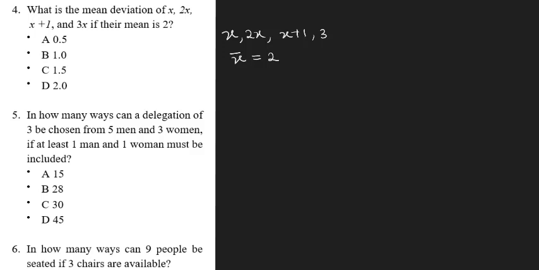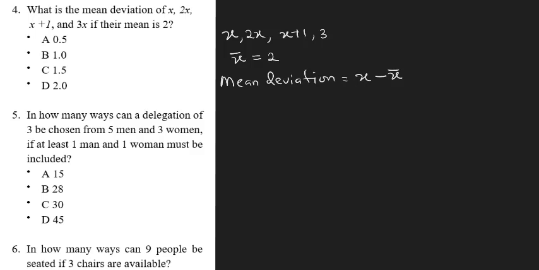So this mean deviation is given by, if you want to know how these values have deviated from the mean, simply x minus x bar. So this x represents all these values, right? Then the x bar is the mean. So we're going to subtract the mean from each of these x. So how are we going to do it?